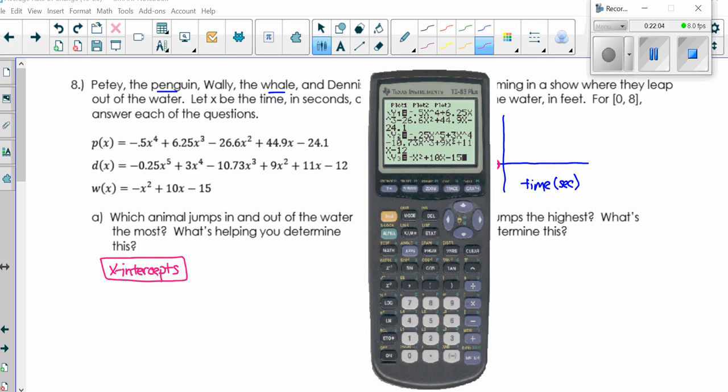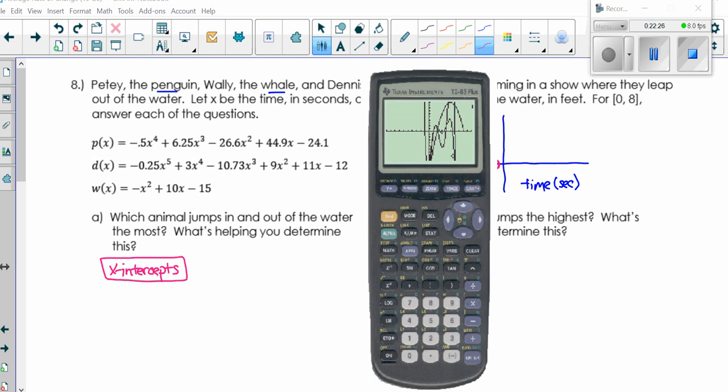Okay. So I'm going to change my window. I'm going to hit zoom 6. So this is what everybody should get. If you don't get this, you're going to want to go back and change your function and make sure they're all correct. This right here, that first one is the penguin. This next one is the dolphin right here.